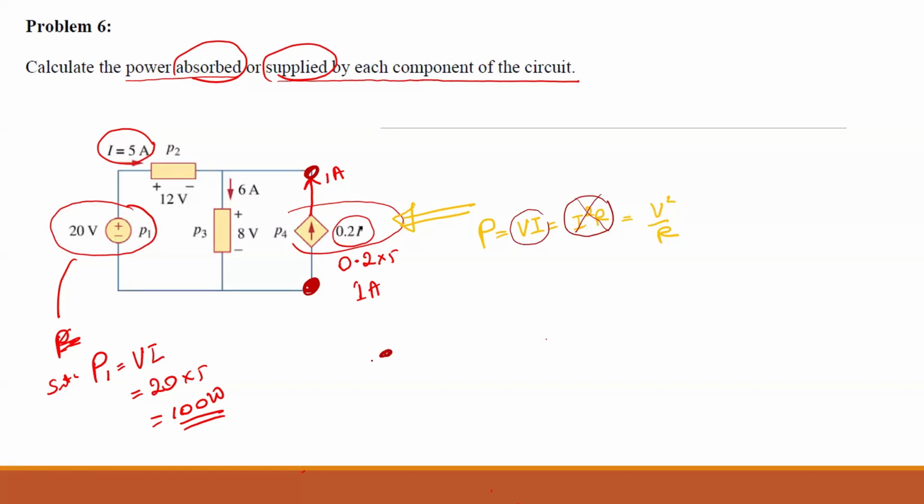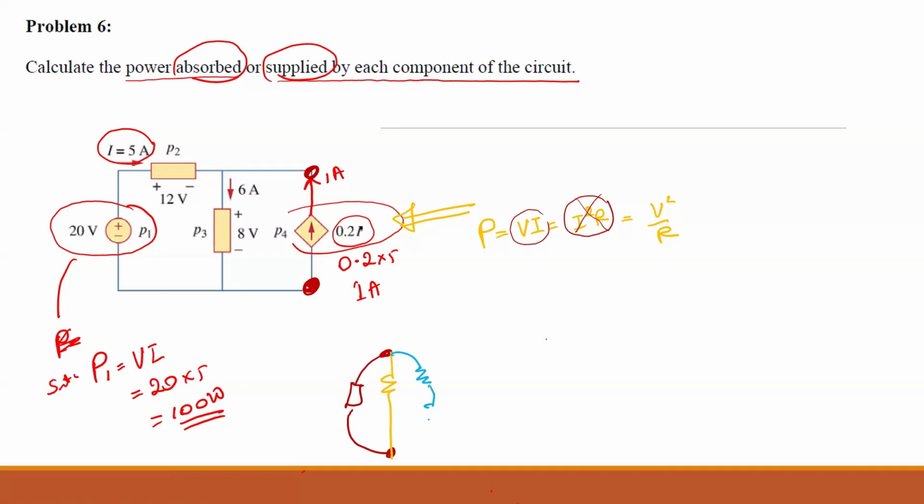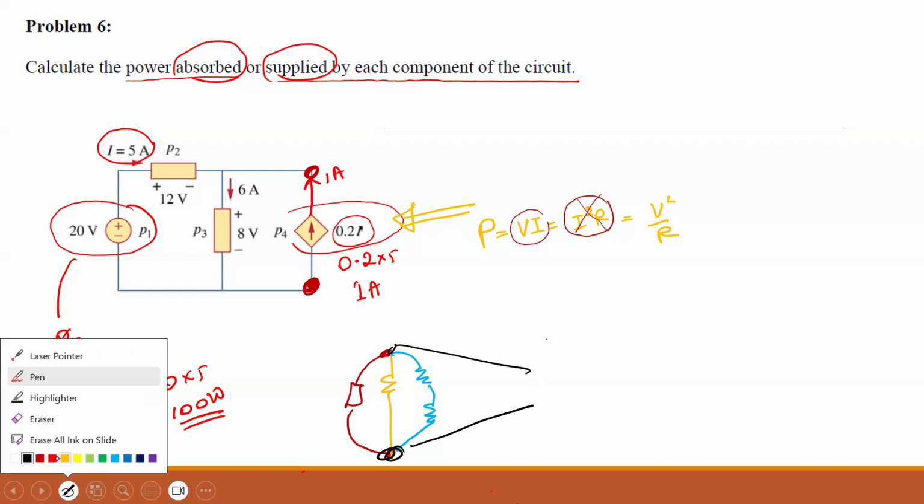So for example, if I have something like this here, and another something here, and also another resistor and another resistor here. So across these 2 points, the voltage is the same. Voltage is always between 2 points. So do we know the voltage between these 2 points? Is it given to us?